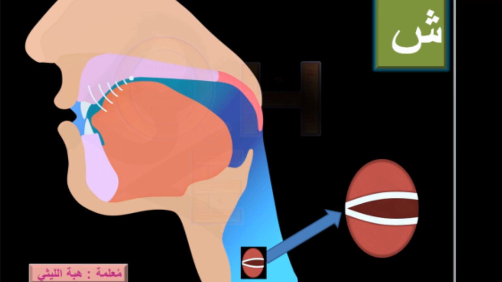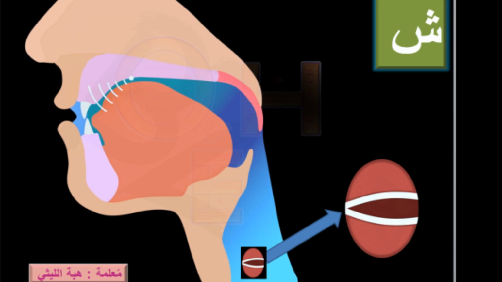Okay, when we say put your hand in front of your mouth, we just say this to make it easy for you. Some people, for example, tell me that when they put their hand in front of letter قاف, and I tell them to make letter قاف with hams, make it majhur, she said, when I put my hand in front of my mouth, I didn't find any air come out.